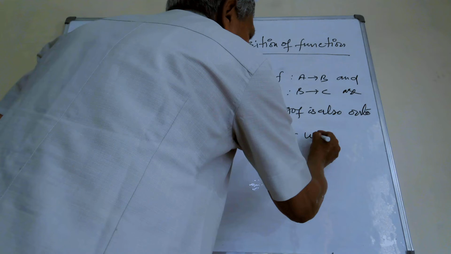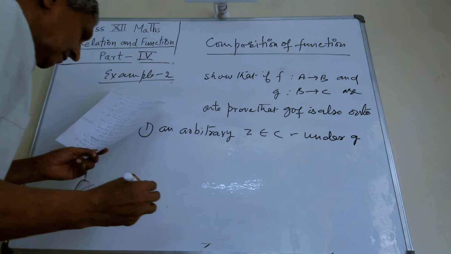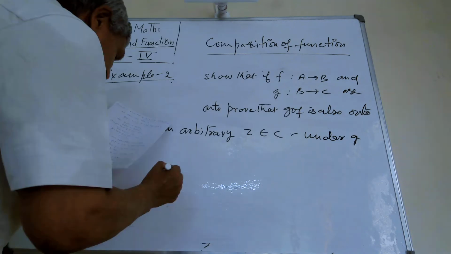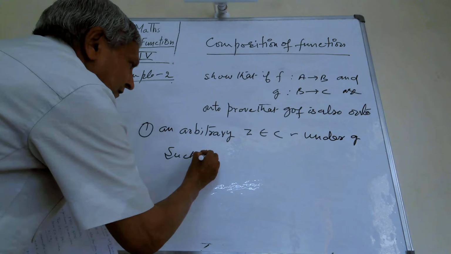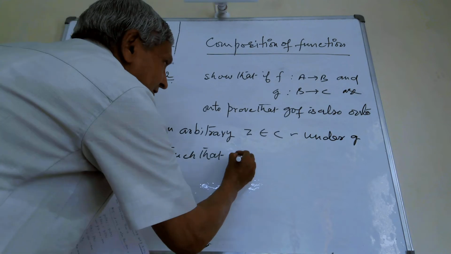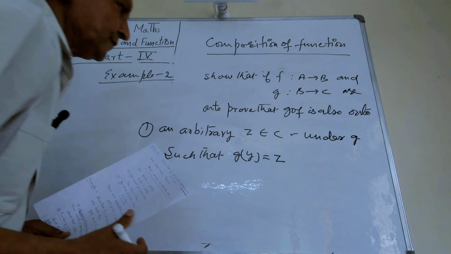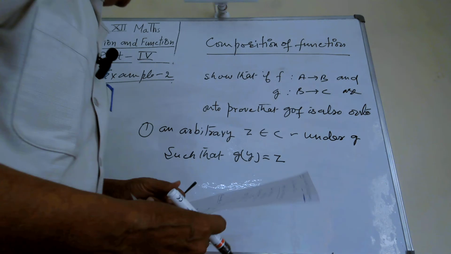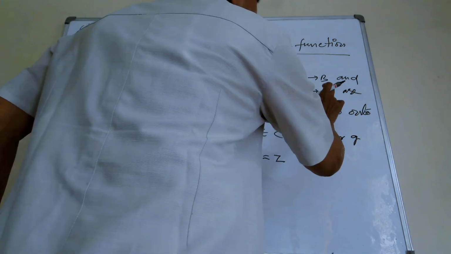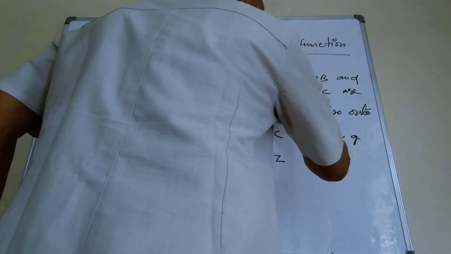Under g, such that g(y) is equal to z. This was the condition. z belongs to C, under g.